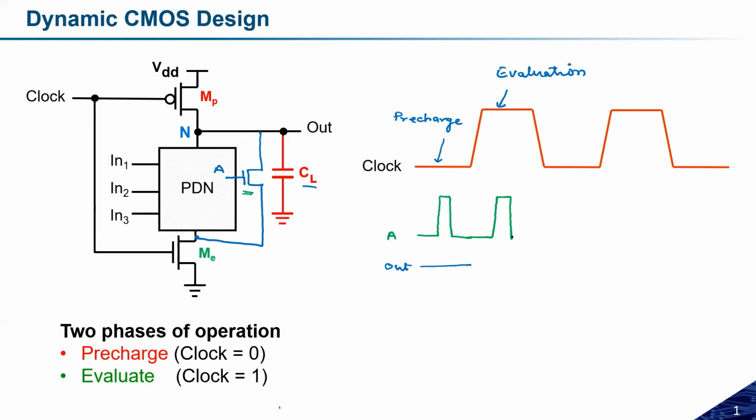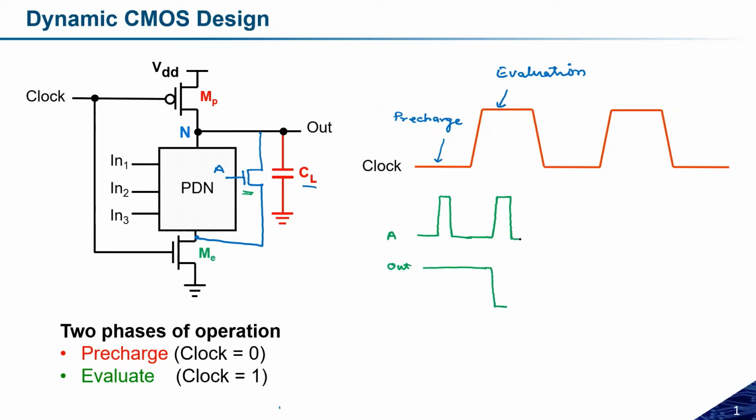Initially output was high, and if there is some change in the input, because I went into the evaluation phase, this output will become 0. So this load capacitance will be discharged.